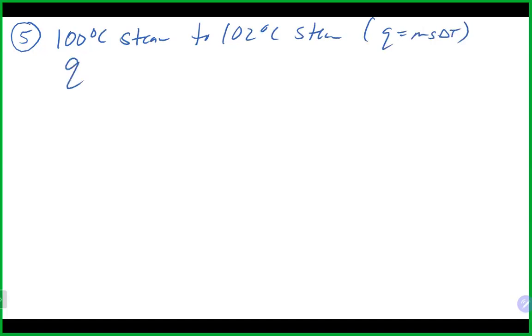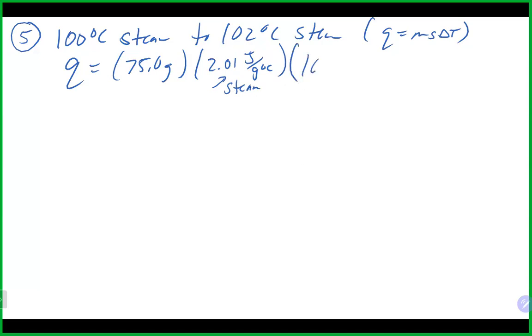Putting it in, Q will be our 75 grams. Once again, here we do want to use the specific heat capacity for steam, which is not the 4.184 number. Believe it or not, it's actually about 2 as well. It's about 2.01 joules per gram per degree Celsius, and that is the specific heat for steam, give or take a little bit.